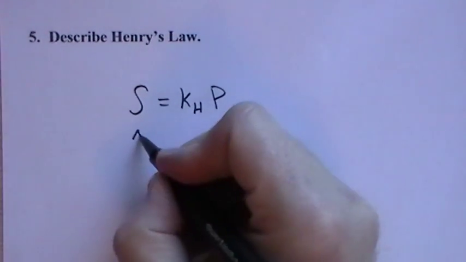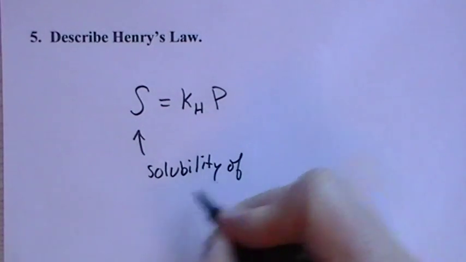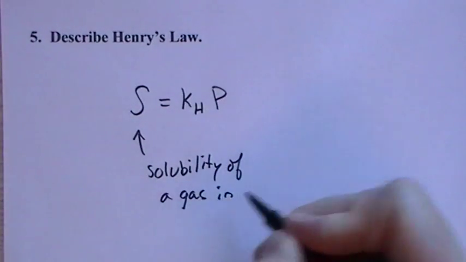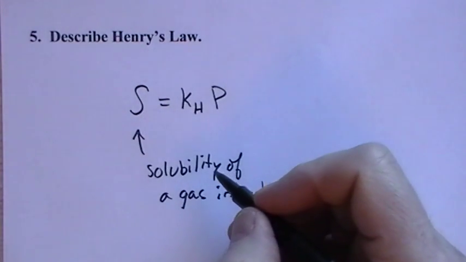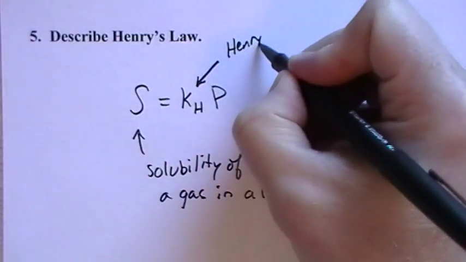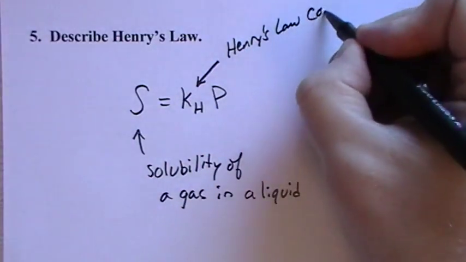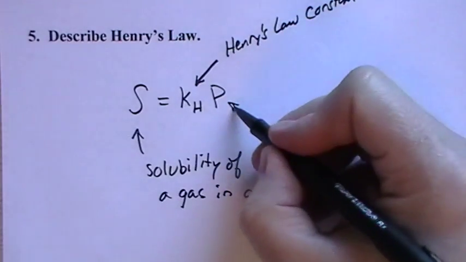Henry's law says the solubility of a gas in a liquid is equal to this constant we just call the Henry's law constant, and then this P is the partial pressure of the gas.